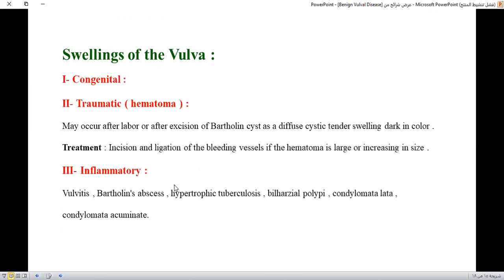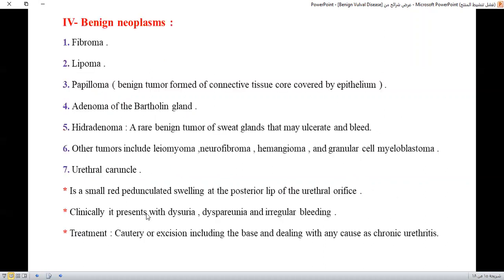إذن كان الموضوع الأخير هو حول السويلنج of the vulva اللي يكون أما congenital, traumatic hematoma اللي هي يكون after labor or excision of Bartholin cyst, أو inflammatory مثل Bartholin abscess or vulvitis. Benign neoplasm اللي هي راح تكون fibroma, lipoma, papilloma, adenoma, and other.